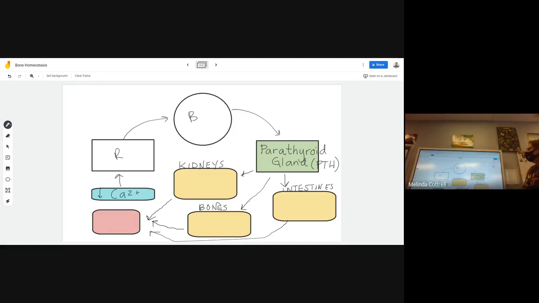Well, the kidneys are cleaning out the blood. The intestines are taking stuff in from food. And the bones, remember, appositional growth with the osteoblasts and the osteoclasts are constantly maintaining the bone matrix. So the bone itself can actually release or take up calcium.